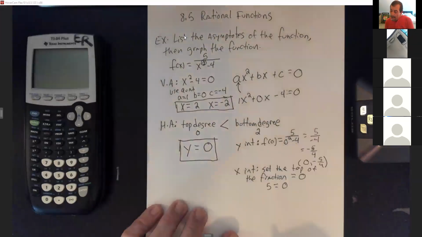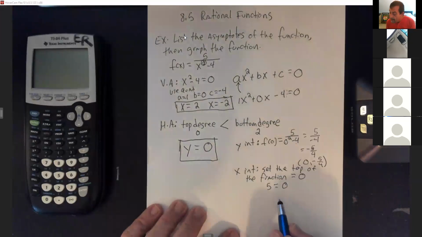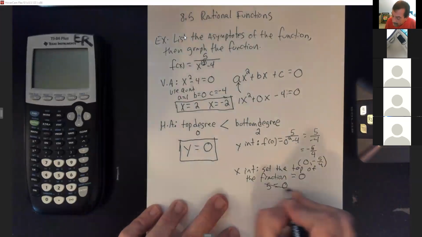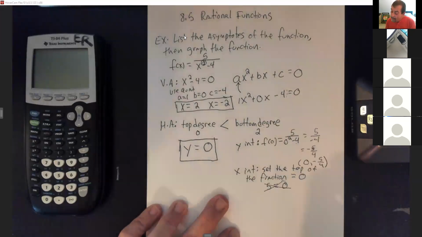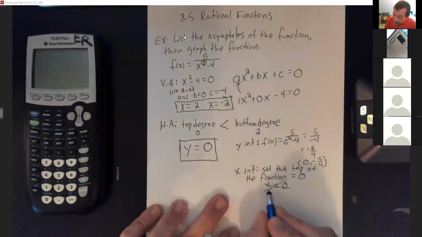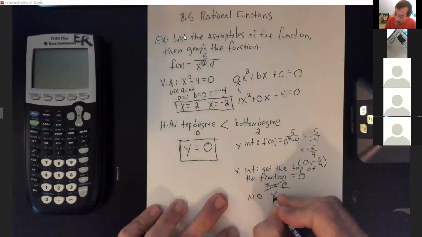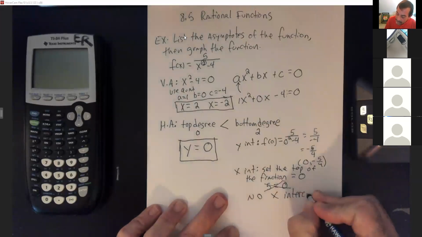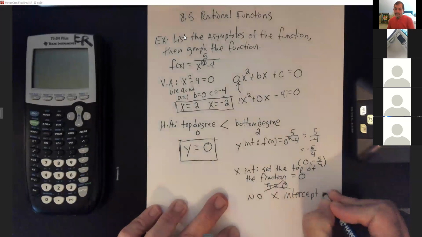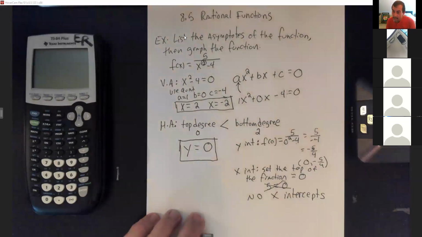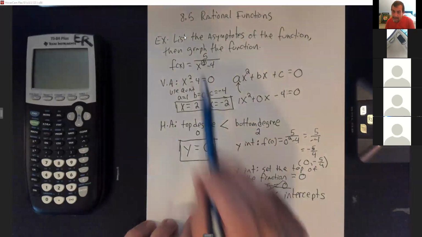But y'all, since this doesn't have a variable, there's no way to solve it. And that's a false statement. So since there's no variable on the top, this one has no x-intercepts. So you've got to have a variable in the numerator for this thing to have an x-intercept.